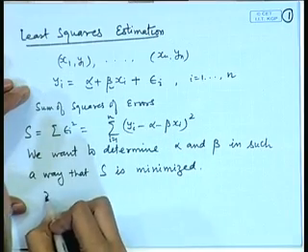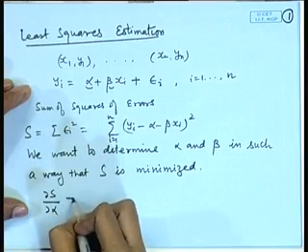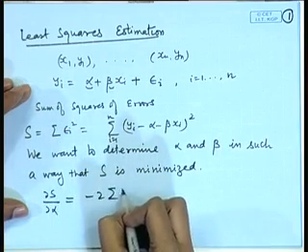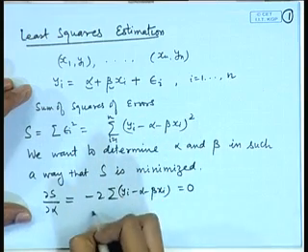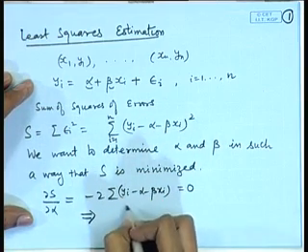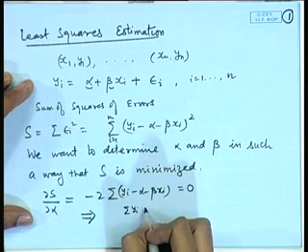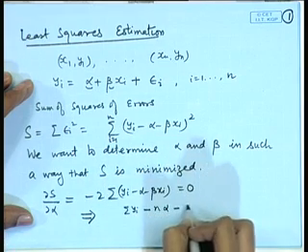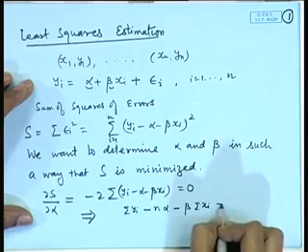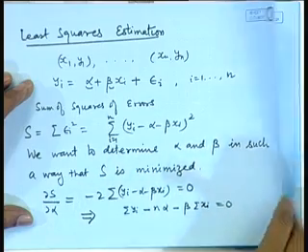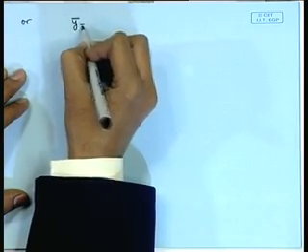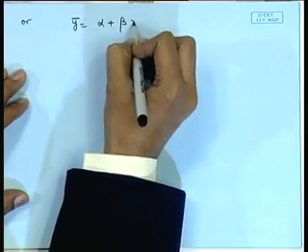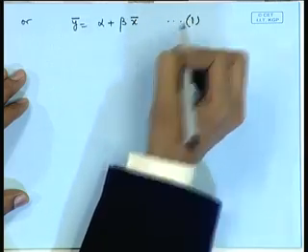So, del S by del alpha is equal to minus twice sigma yi minus alpha minus beta xi is equal to 0, which we can write as sigma yi minus n alpha minus beta sigma xi is equal to 0, or we can write it as y bar is equal to alpha plus beta x bar. That is the first equation.